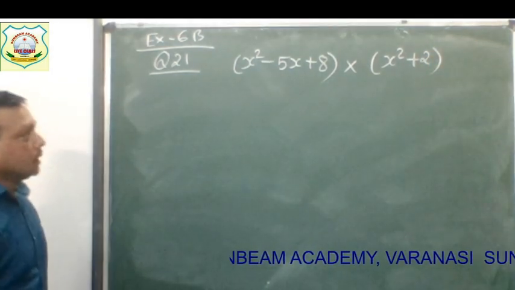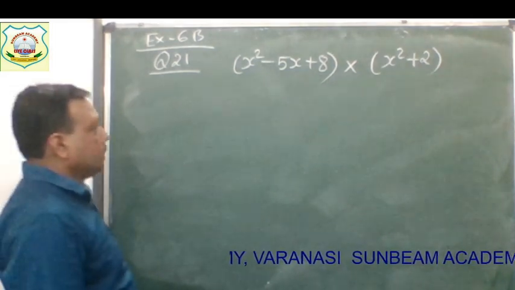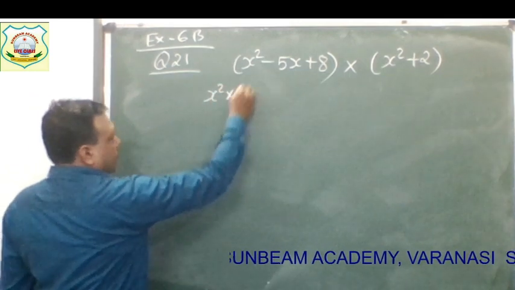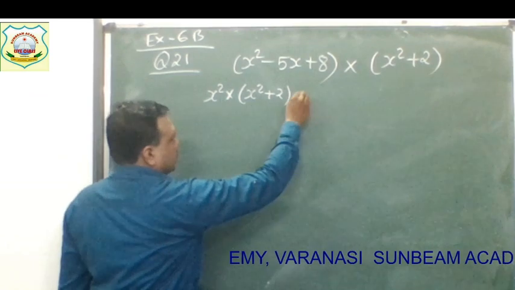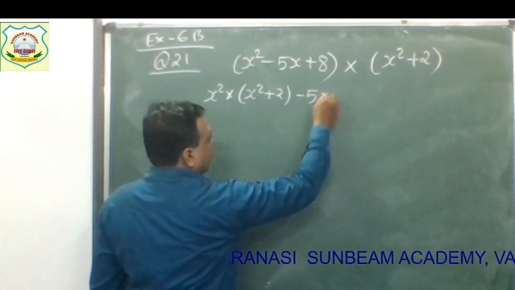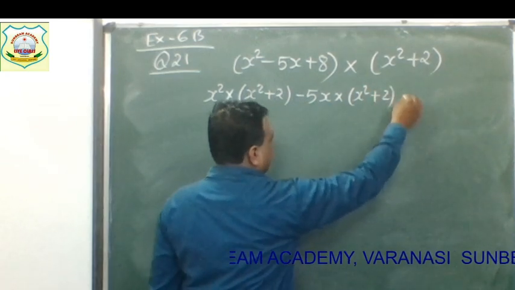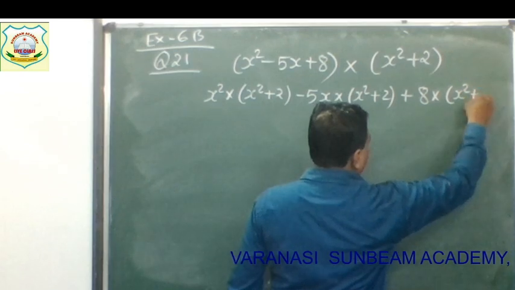Students, it is a similar process to what we have told. x square multiply x square plus 2, minus 5x multiply x square plus 2, then plus 8 multiply x square plus 2.